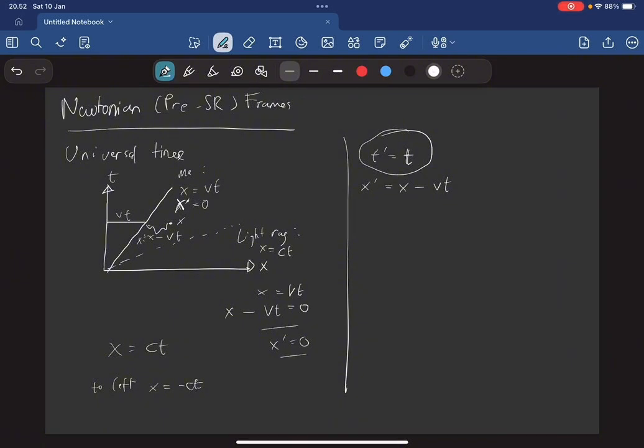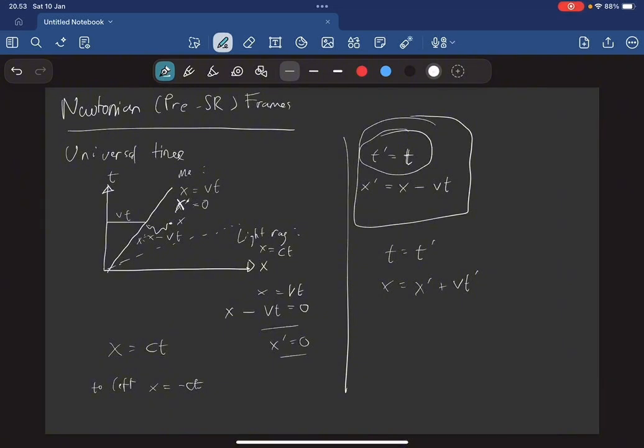These two equations comprise the Newtonian transformation of coordinates between two inertial reference frames. If you know when and where an event happens in your coordinates, you can tell me when and where it happens in mine. If we invert the relationship, the result is t equals t prime and x equals x prime plus Vt prime.